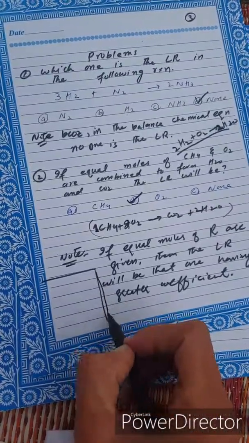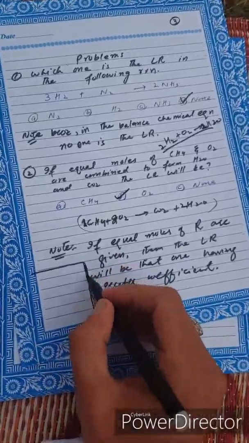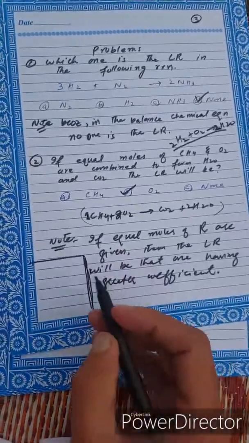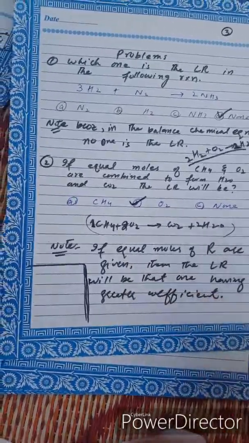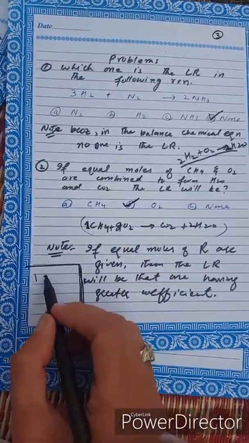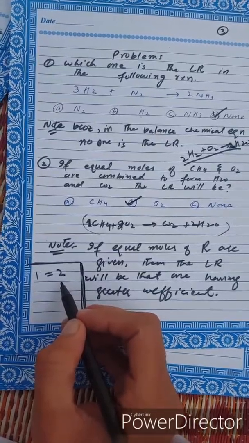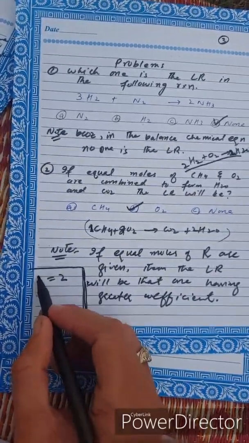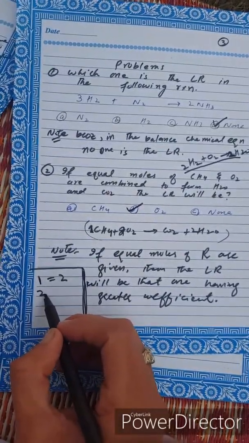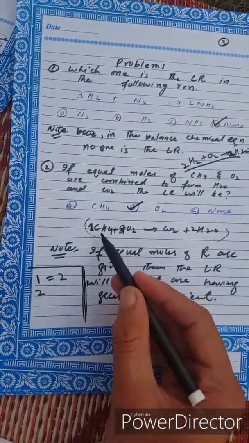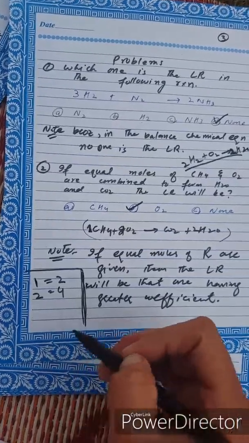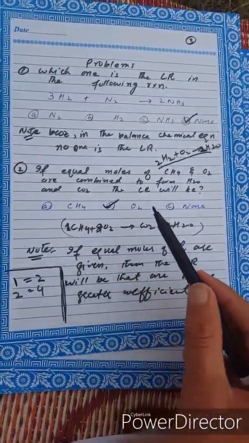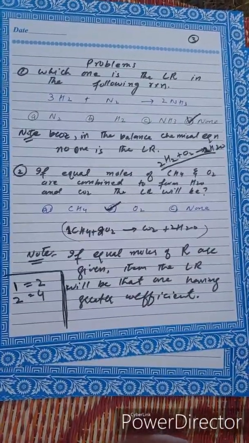And we can confirm it. Look here, the balanced chemical equation shows that for 1 mole of methane, 2 moles of oxygen are required, and if I double it, if I take 2 moles of methane, then 4 moles of oxygen will be required. But the question is if equal moles are given.